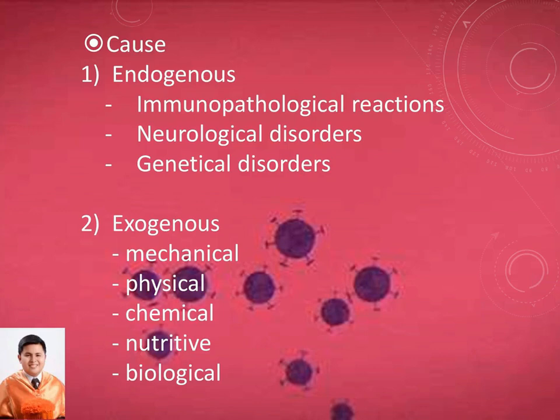Number two is of an exogenous cause. It can either be due to a mechanical, physical, chemical, nutritive, or biological cause. This exogenous cause primarily involves all external factors and chemicals which affect the inflammatory process.